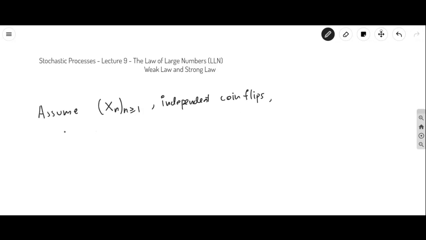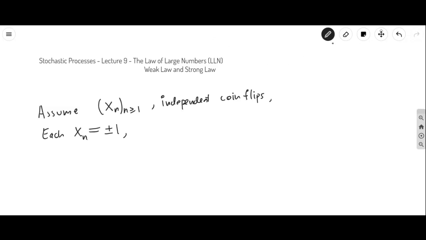But more specifically, what we would mean by coin flips is each Xn can only take on two possible values. It's either plus or minus 1, because it is a random variable after all. It happens to be a discrete random variable because it only has two outcomes. So these are discrete random variables with only two outcomes.